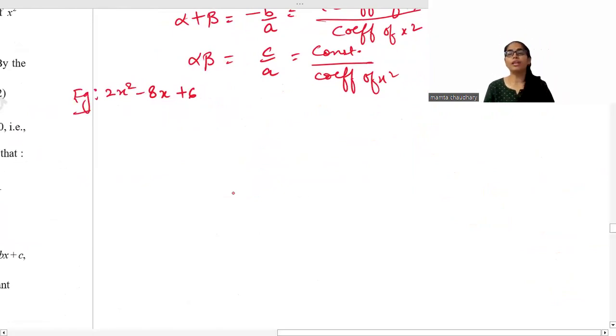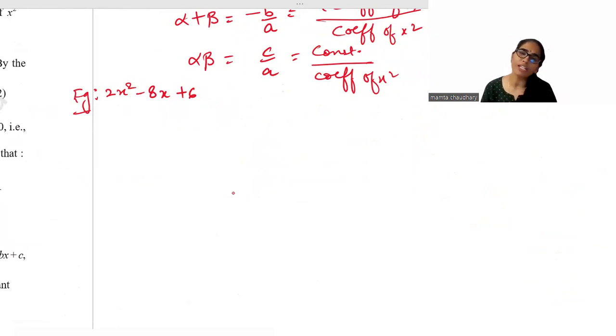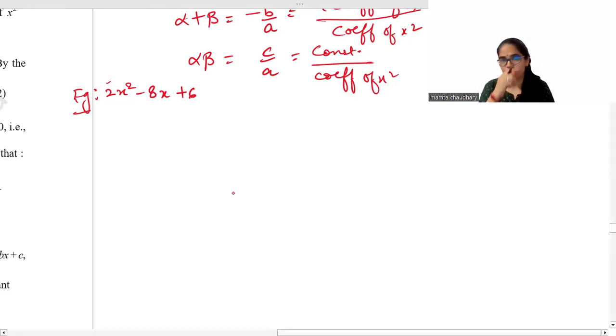For that, first of all, we should know how to factorize. Once you factorize, only then will you be able to find the zeros. For factorization, here the coefficient of x square is 2 and the constant is 6, so 6 times 2 is 12. It means you need to find two numbers whose product is 12 and whose sum is minus 8.